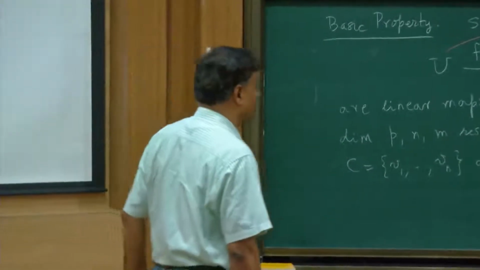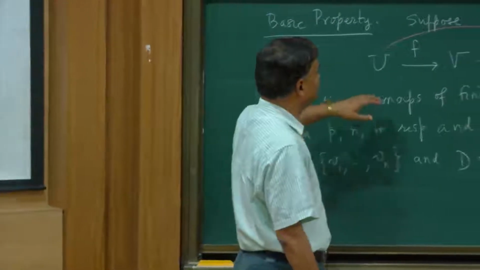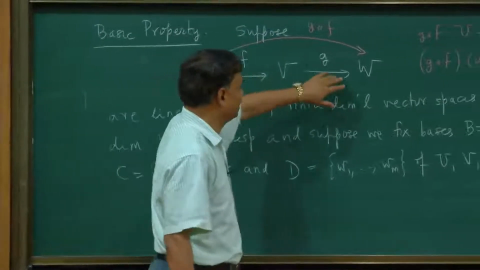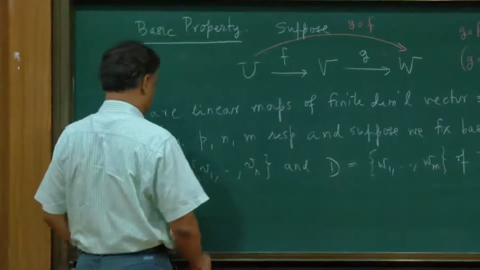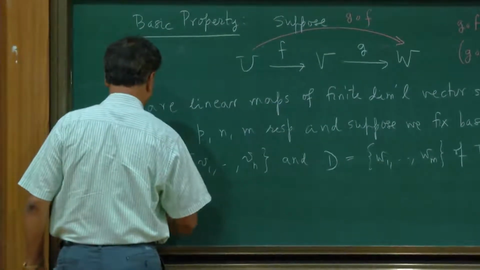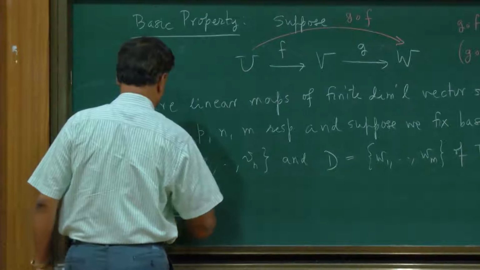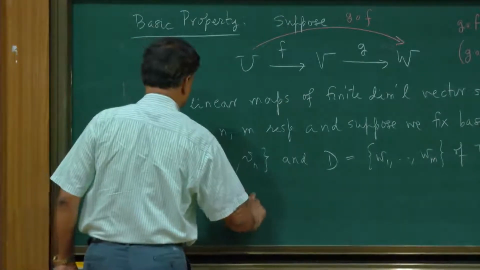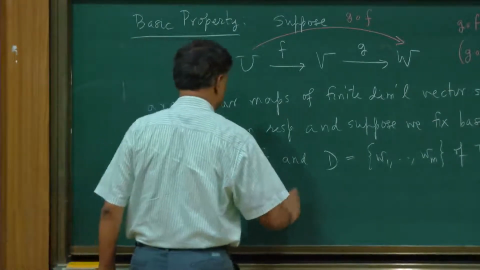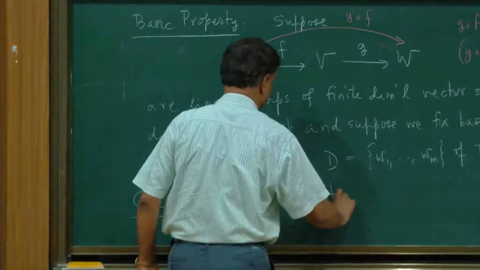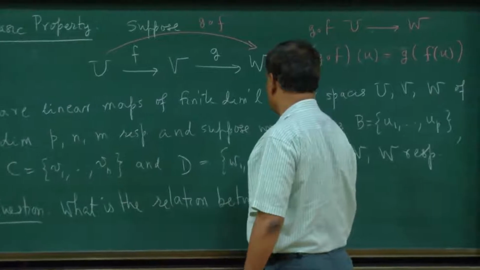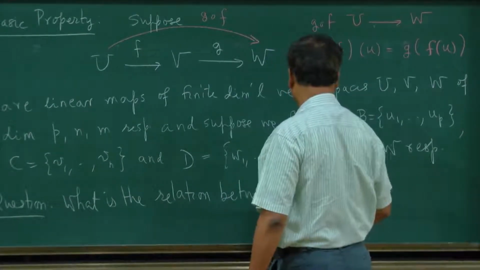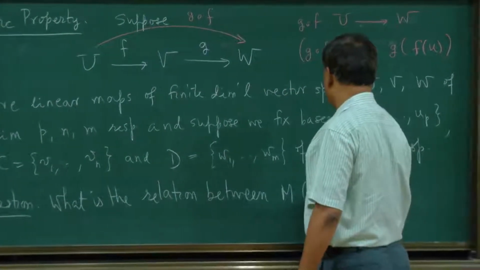Very good. So now the natural question is, I have this linear map, I have this linear map, I have a matrix. So now question. What is the relation between the matrix of say f?